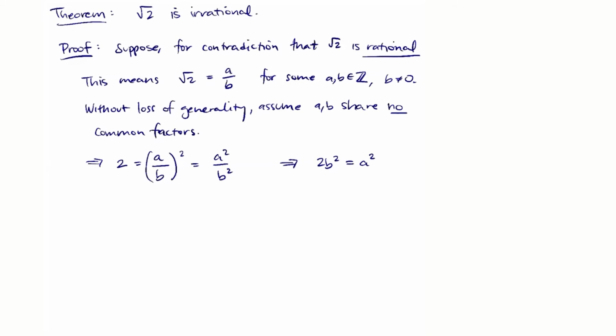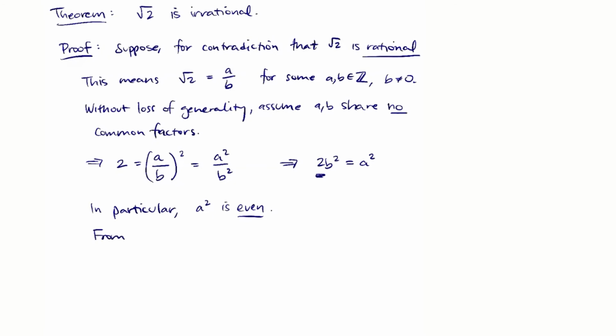All right, so what does this mean? This means, in particular, that a squared is equal to 2 times some integer. So a squared is even. Here I've got this 2 times b squared. Well, if you recall, just moments ago, in the previous claim, we proved that if a squared is even, then it must be that a is even as well.